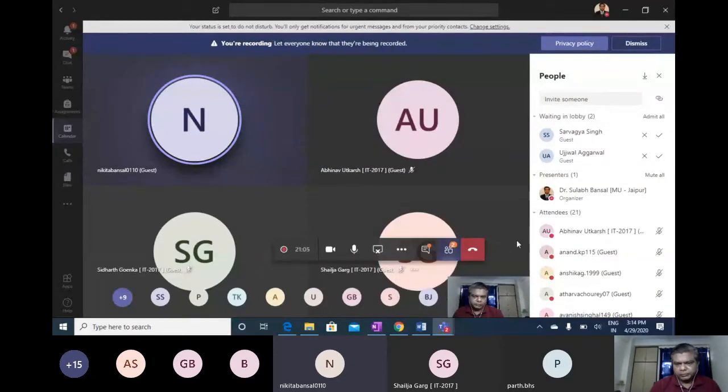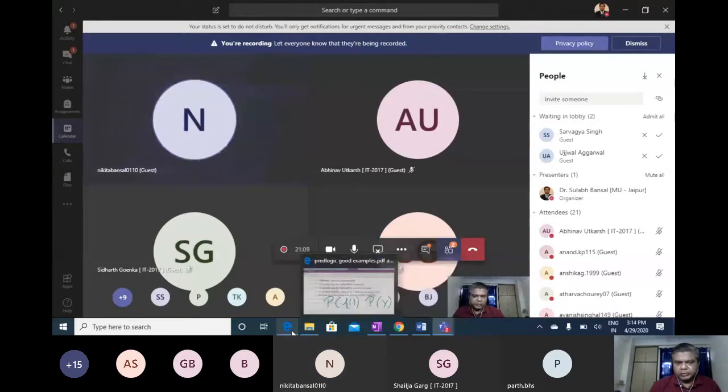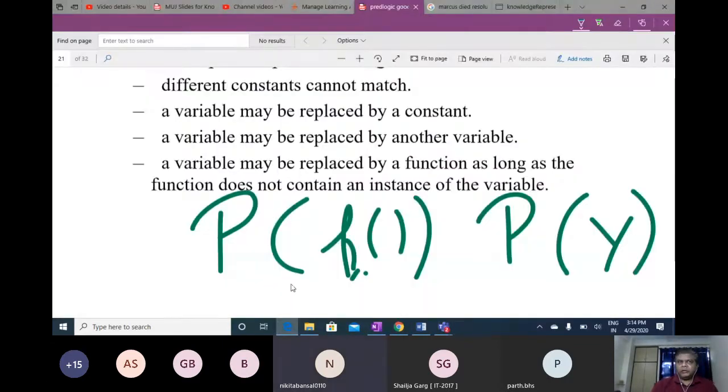No, nobody knows. We have to use. We have done clause. We have converted our statements into CNF. You remember, in the last lecture we have understood the steps in which we can convert our statements into CNF. So after converting to CNF, when will it happen that an argument instead of variable is a function?